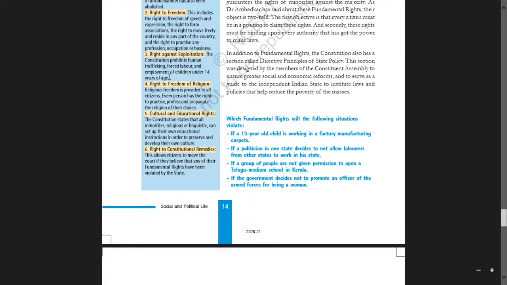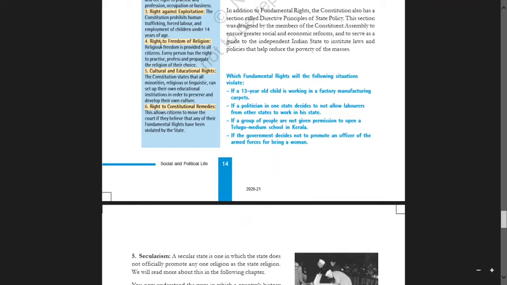So the Constitution prohibits this, meaning those who are under 14 years of age should not be employed to do any work. They should not be utilized for any hard work. The Constitution denies that.